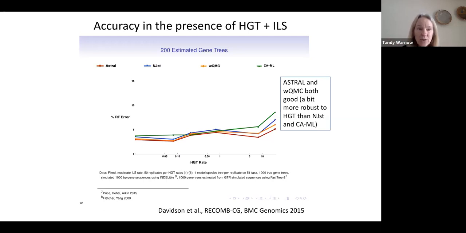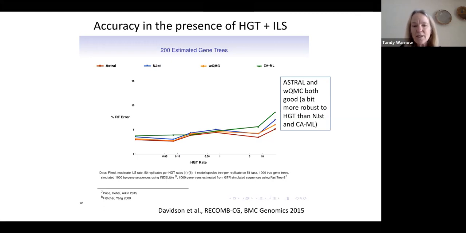So there's this interesting thing connecting ASTRAL specifically, quartet-based methods specifically. When you encode the gene trees as quartet trees, the basic theorem that makes them work is that the most probable quartet tree is the species tree. That's true under all three situations. So that's the mathematical thing that makes quartet encodings of gene trees a good thing.